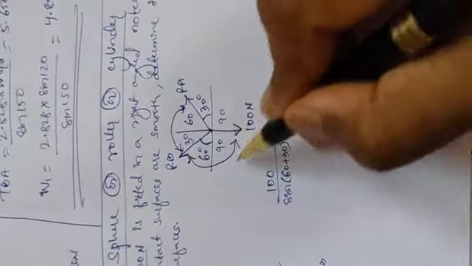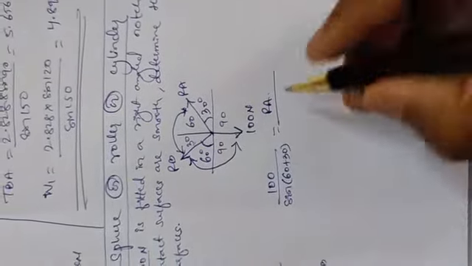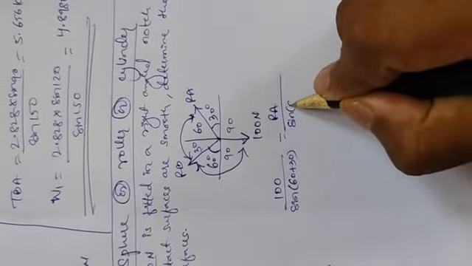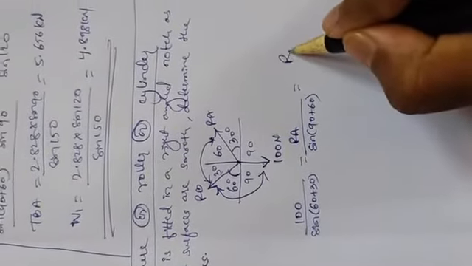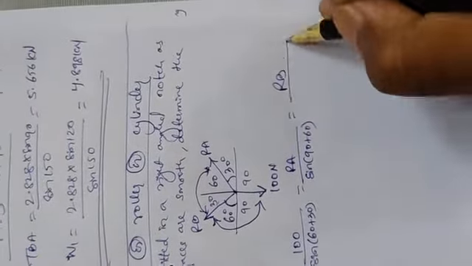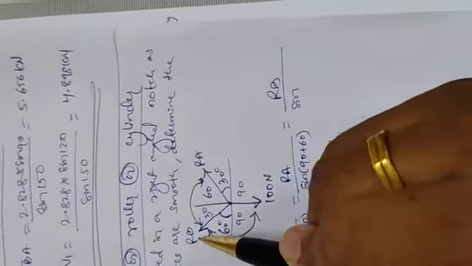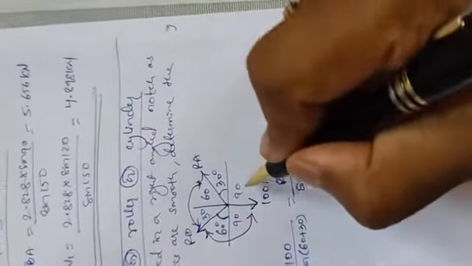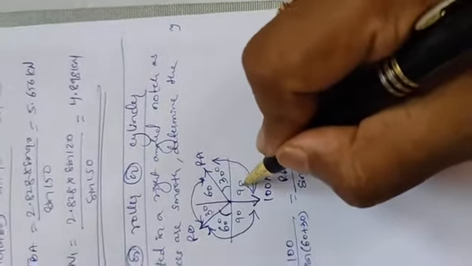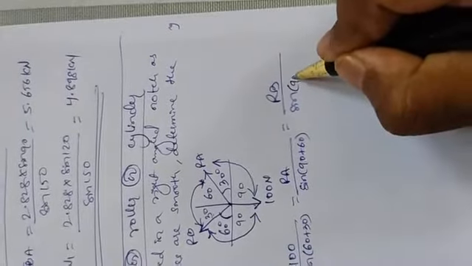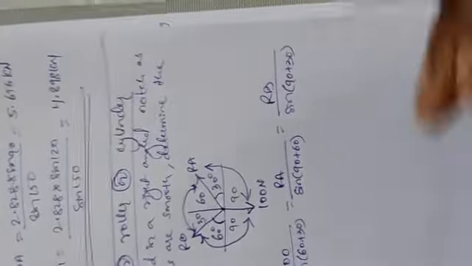What is the angle between these two? 90 plus 60, which is sine of 150. Similarly, when I consider RB divided by sine of, the opposite two forces are 100 and RA. What is the angle between these two? 90 plus 30. Now this is the Lami's equation.